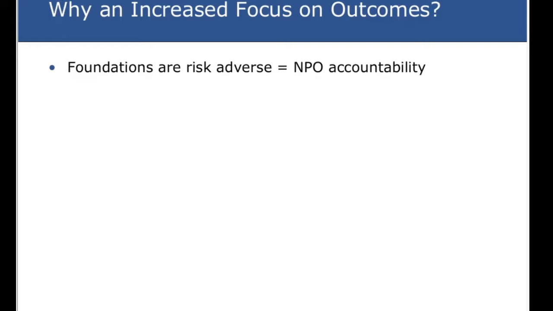So why the increased focus on outcomes? Foundations are risk averse. This means that they see themselves as investing in your organization and taking a chance, literally taking a chance on your being able to deliver on what you said you were going to, your ability to fulfill your mission. In the areas of governance, operations, finances, or regulatory compliance, and any number of these areas, things can go wrong.